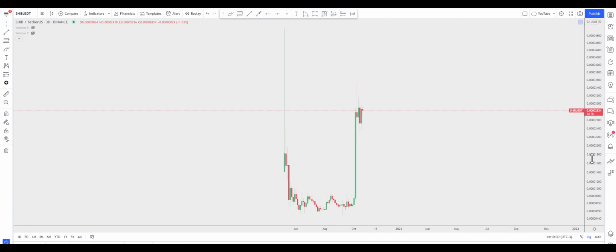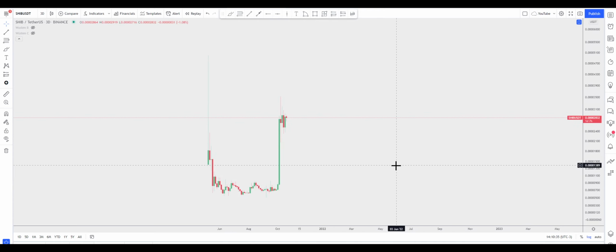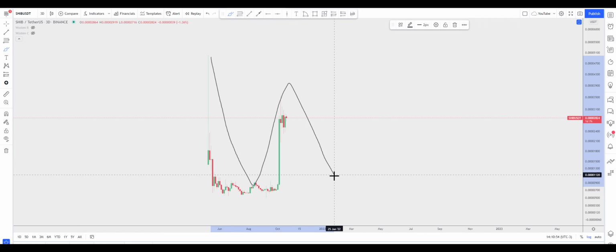So here's the thing, folks. I still remember back in 2017, before the big crash of all alts, we saw something like this. So this is basically this, till the thing dies.